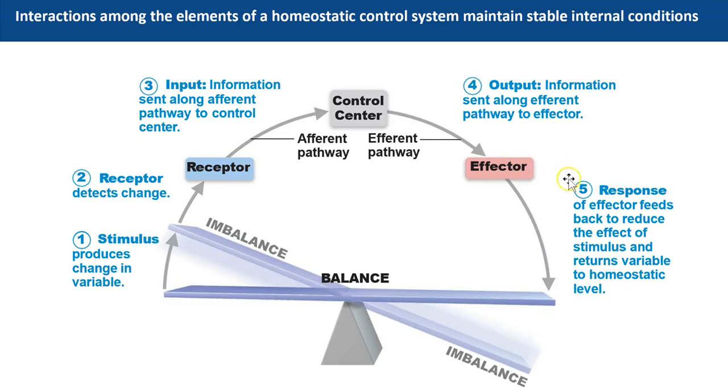And finally, we have the response. The response can reduce the effect of a stimulus and return the variable to the homeostatic level. So finally we can reach the balance, the set point.